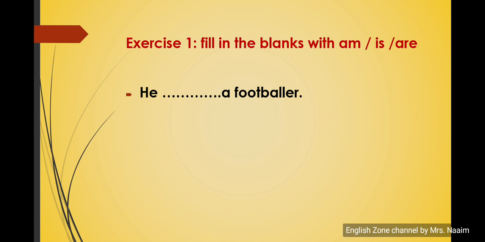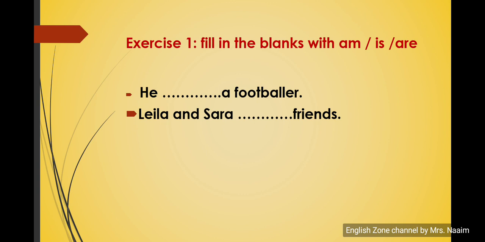Okay. The second one. Layla and Sarah. Friends. Layla and Sarah. Friends. So what is the appropriate one here? Is, or are? And you tell me why. Try to justify your answer.